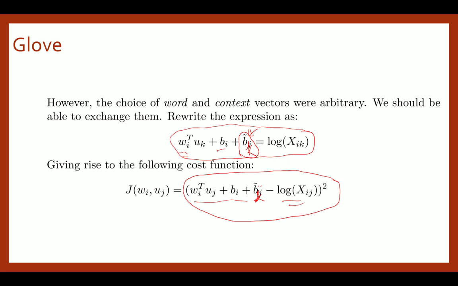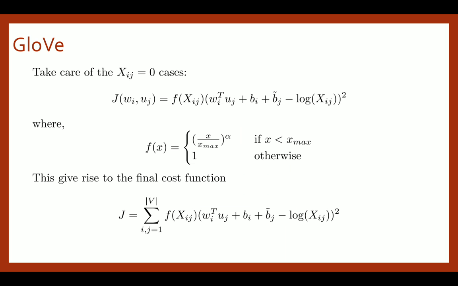But the log x_ij again has the problem that if you look into the term context matrix, many of the entries are actually zero, and that creates a problem for us. So how to smoothen this cost function? There could have been multiple choices, but they have decided to use a weighted cost function.